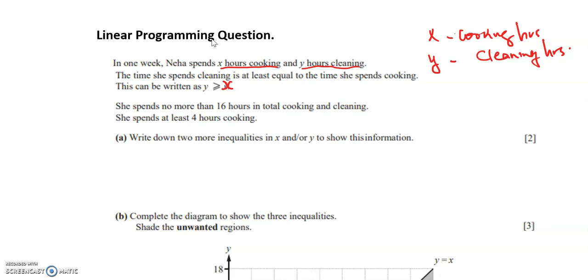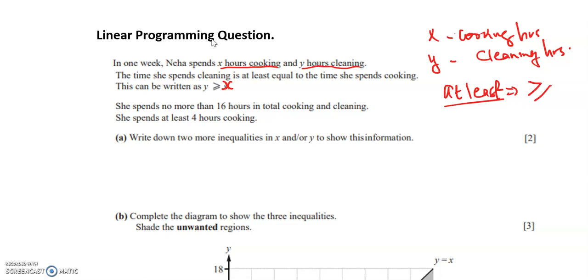Then we have been told that the time she spends cleaning is at least equal to the time she spends cooking. At least, when we are talking about at least, this is a command term.